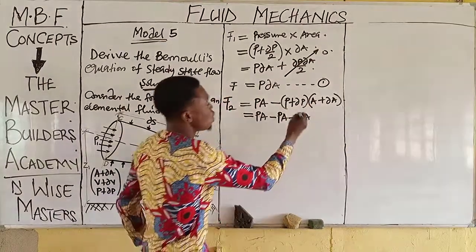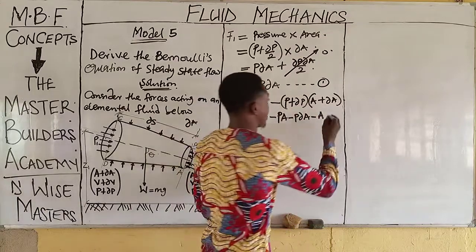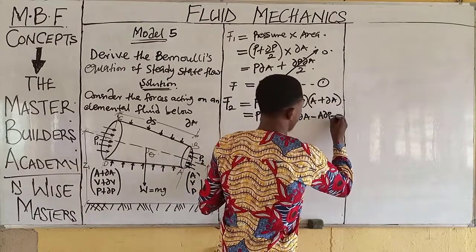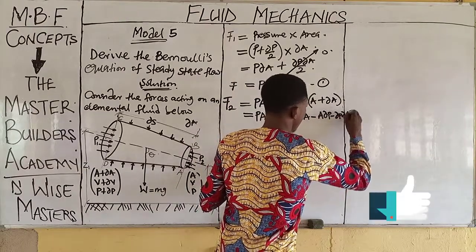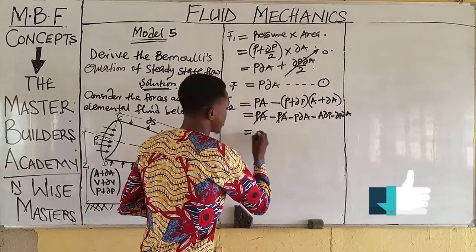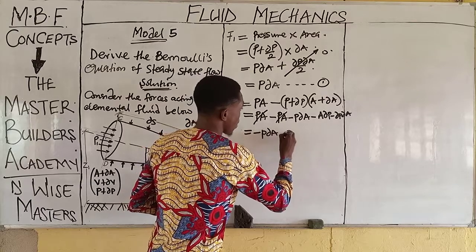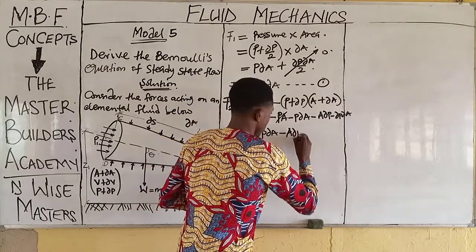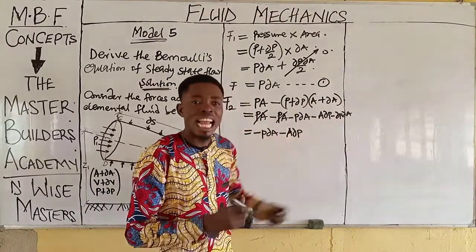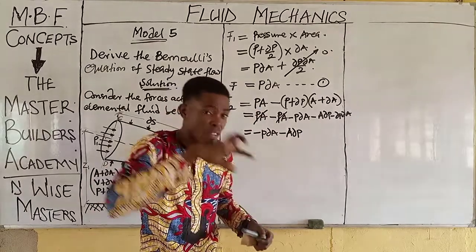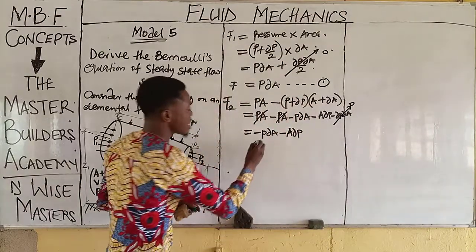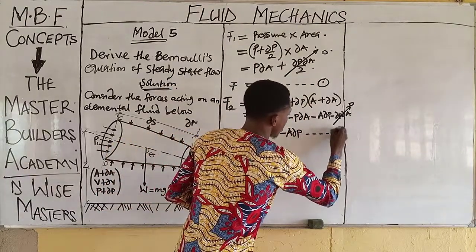And to have this done, we have multiplied change in P by A, we have A change in P. And when we multiply change in P by change in A, this gives us change in P change in A. So mathematically, the first two terms cancel out. We have this as negative P change in A minus change in P A. And I explained earlier that when elemental change multiplies elemental change, because we are using first principle, this product gives us 0. So in this case now, this is what we have. We call this equation 2.